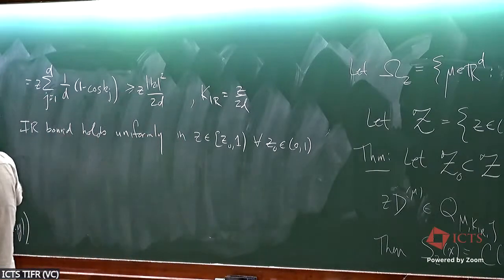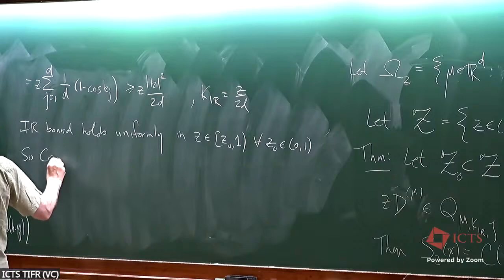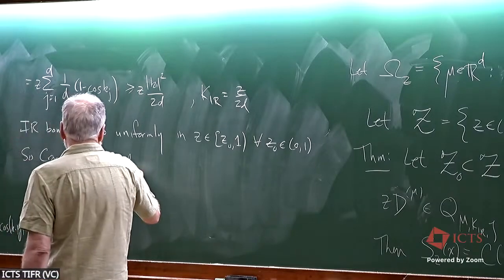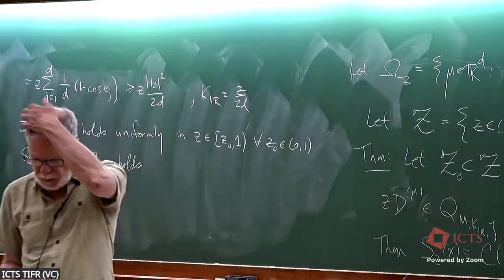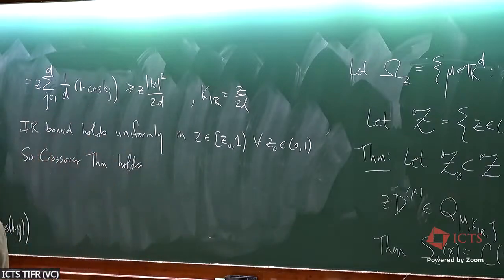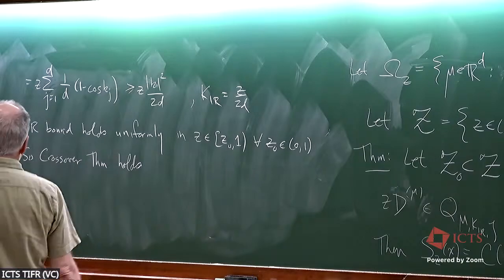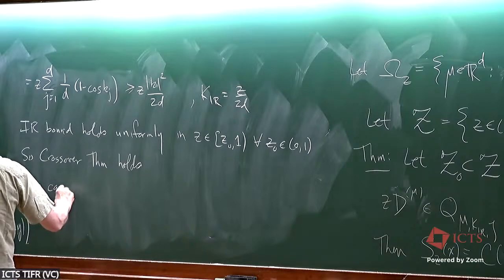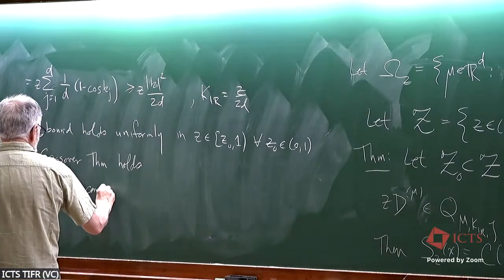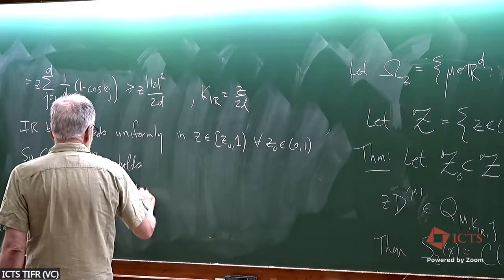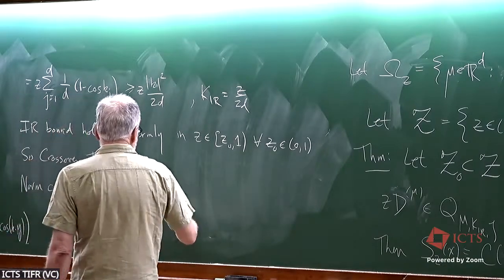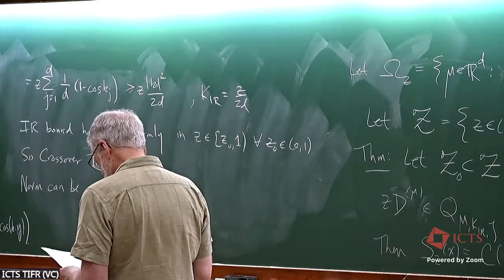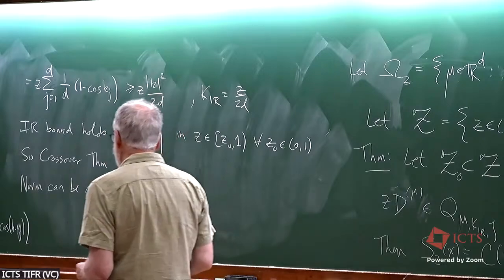Okay, so assumptions 1 and 2 are satisfied. So the crossover theorem holds. The conclusion of the crossover theorem holds in this case because the hypothesis does. And you can compute the norm explicitly, just using Lagrange multipliers.